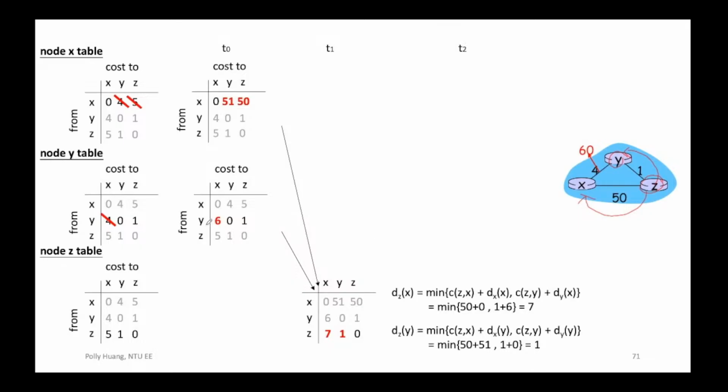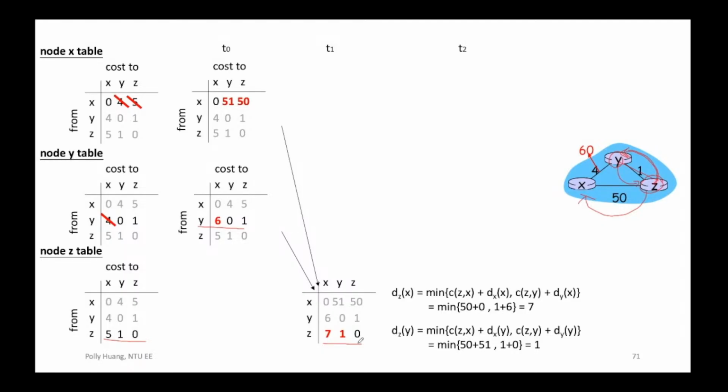But y thought the shortest distance to x is 6, and the next hop is z. Because z knew a way much earlier, saying the shortest path to x is 5, and next hop is z. So you see we have actually looped 1.5 times on link y and z, trying to develop what is the true shortest path.